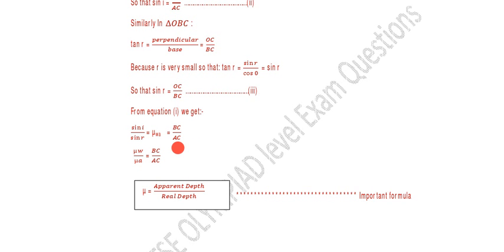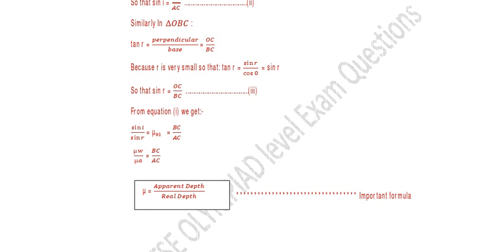Now what is BC? BC is the apparent depth, and AC is the real or actual depth of the object. We consider the refractive index of water as mu and the refractive index of air as 1. So I will get this formula: mu is equal to apparent depth divided by real depth. Okay, so again this is a very important formula.